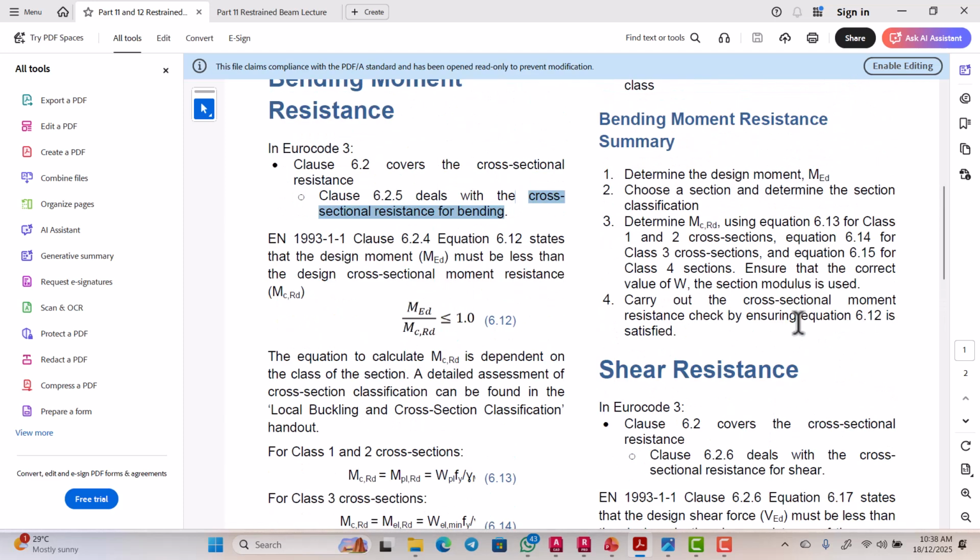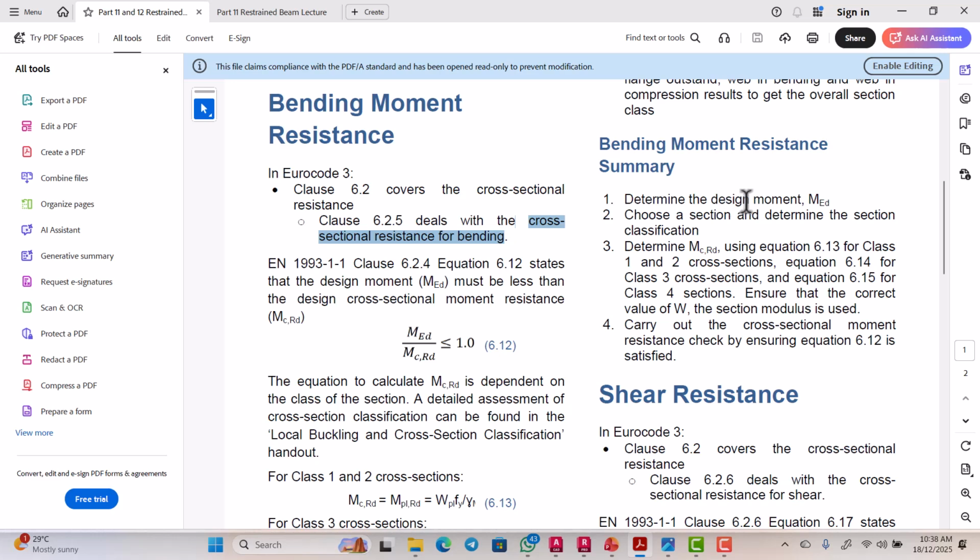The same thing is also applicable to the bending moment resistance. Summary of it: determine the design moment, then choose a section and determine the section classification.